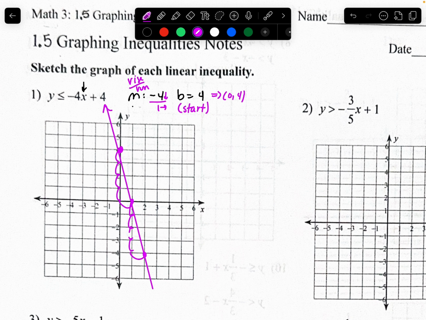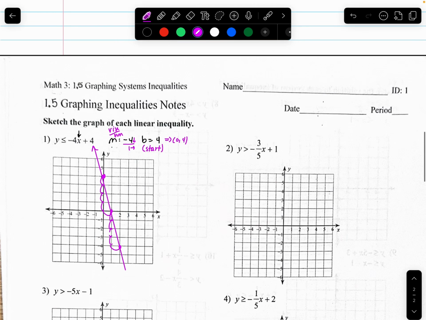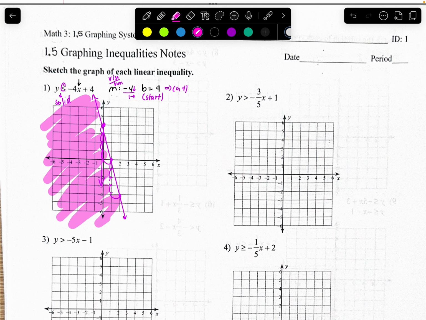Okay. So this front part is just practice. Sorry, it is solid. And let's see, it's facing away from y, so I'm going to shade below. Okay, you don't have to use a highlighter, just use a pencil.